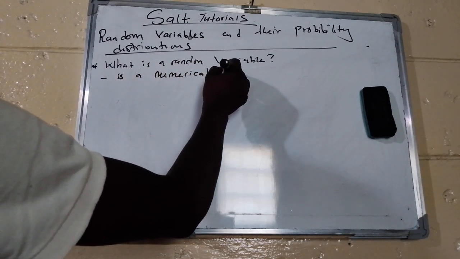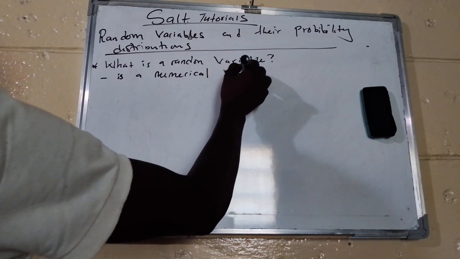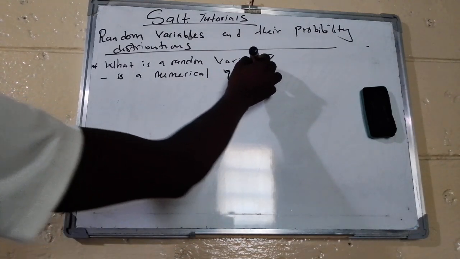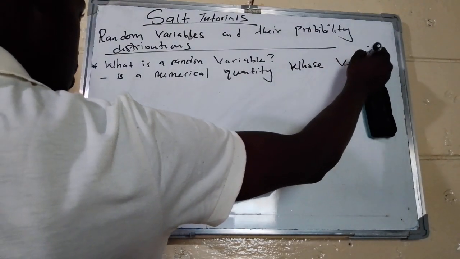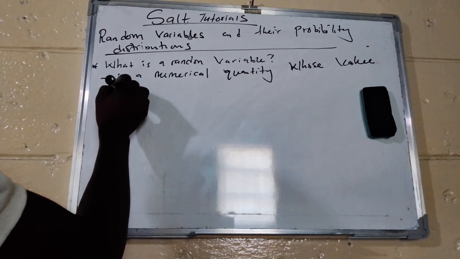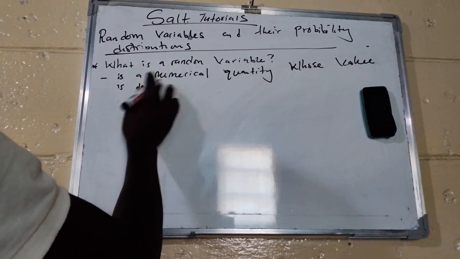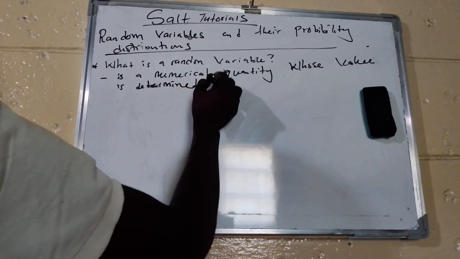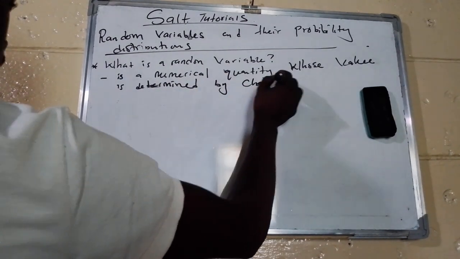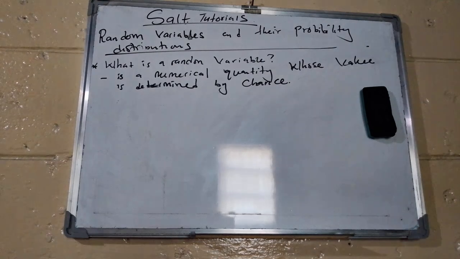We're just talking about a numerical quantity whose value is determined by chance. I'm sure something needs to click within your mind when you hear "determined by chance." So a random variable is basically a numerical quantity whose value is determined by chance.